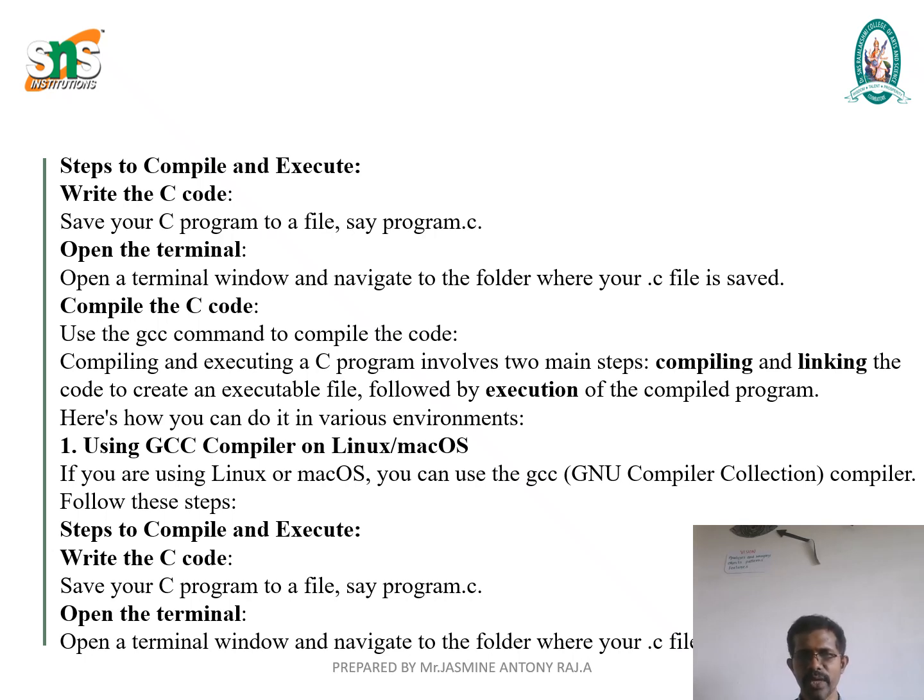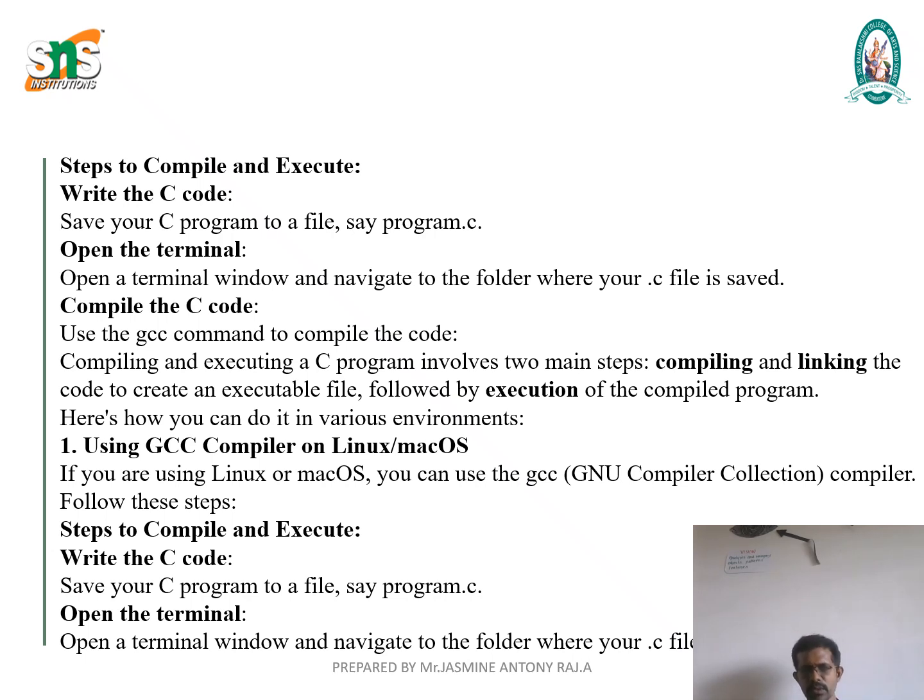After doing this process, we need to compile the C code. Compiling means checking errors. In order to check for compilation errors, we can use different operating systems. Here we have used a GCC command to compile the code. By using the GCC command, we can compile the C programming code.